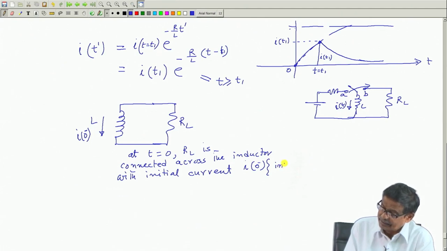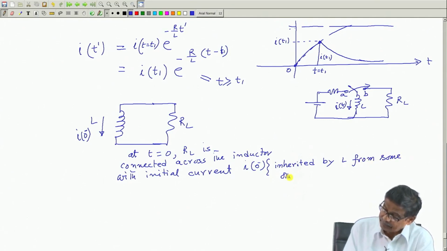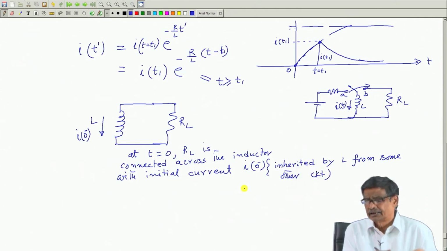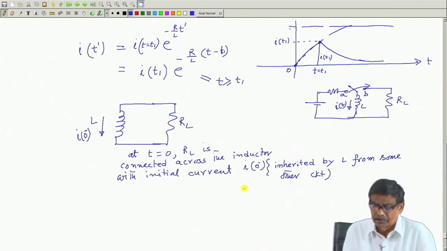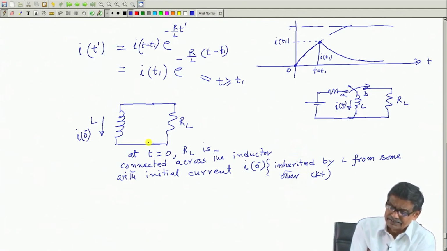This I 0 minus might have been inherited by this L from some other circuit. It might have inherited because it was connected to some other circuit, there was current growing up, okay, when it reached I 0 minus. So, in this case the inductor current at t equal to 0 is well defined, at t equal to 0 R L is connected having an inductor current.